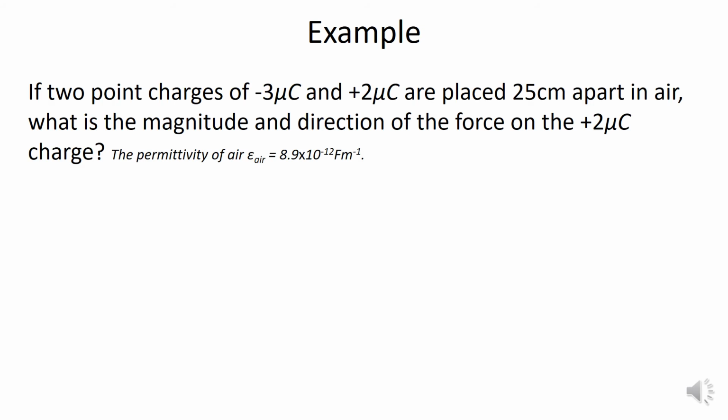If 2-point charges of -3 microcoulombs and +2 microcoulombs are placed 25 centimeters apart in air, what is the magnitude and direction of the force on the +2 microcoulomb charge? And we're given the permittivity of air there also. So lots to take in.